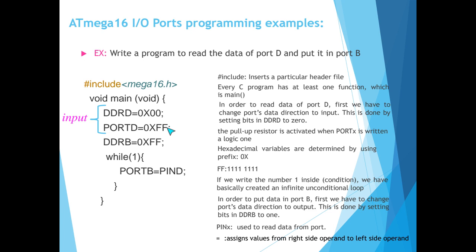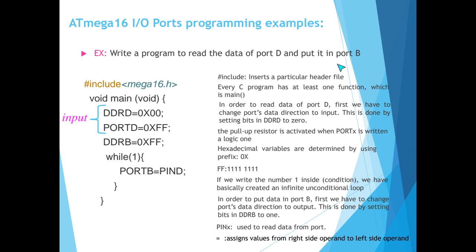Don't forget to write a semicolon. Then we need to put the data in port B, and to put data in port B, we need to configure port B as output.